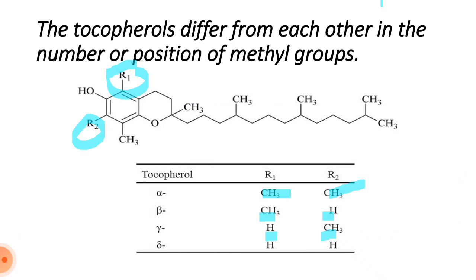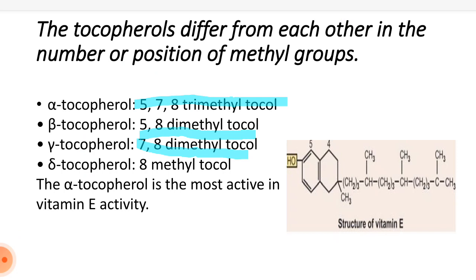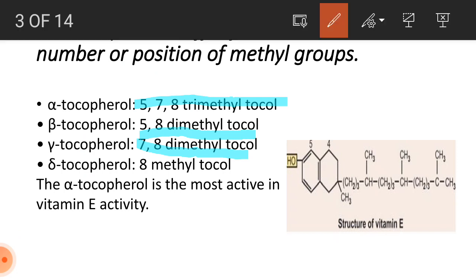And if there is hydrogen in both the R1 and R2 positions, then it will be 8 methyl tocol, also called delta tocopherol. But we can say that alpha tocopherol is the most active in vitamin E activity.